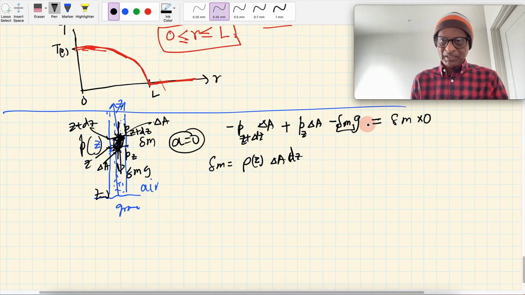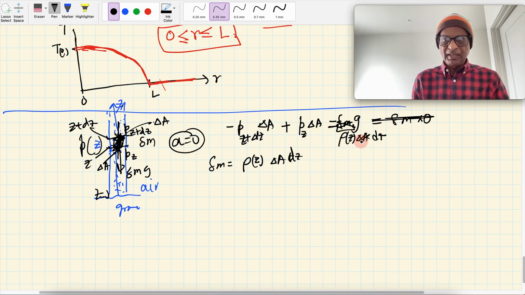You can plug in there, and you got, let's call it rho z delta A dz, and make it equal, because there's 0. Delta A cancels out from each term.